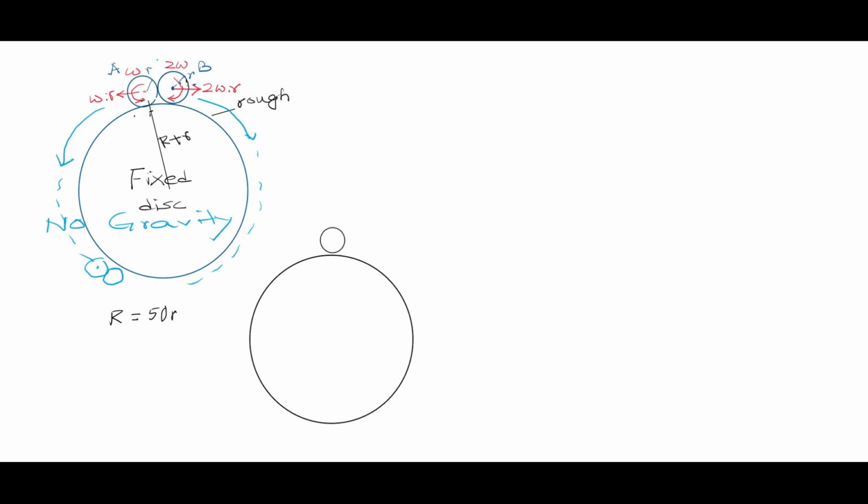At an instant, these two disks are set rolling. Initially, as the diagram shows, the disks are touching one another, then they are set rolling.